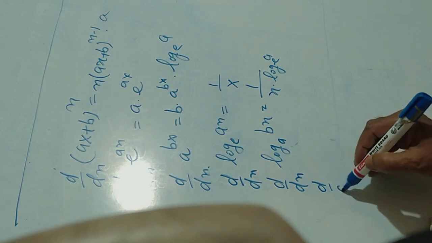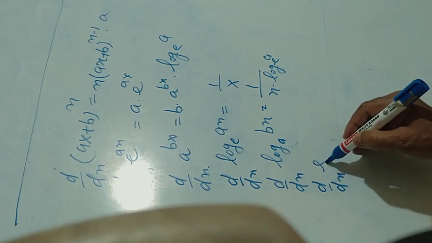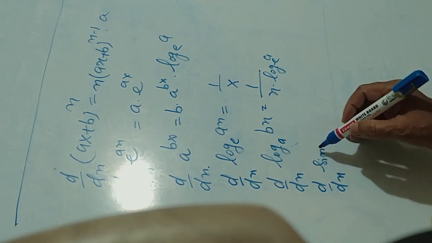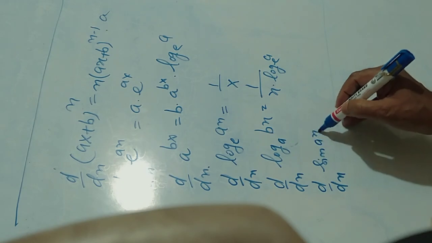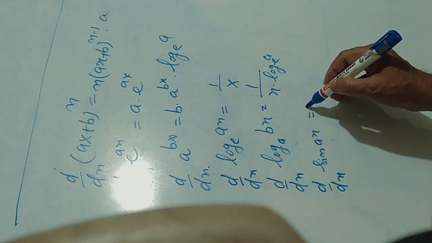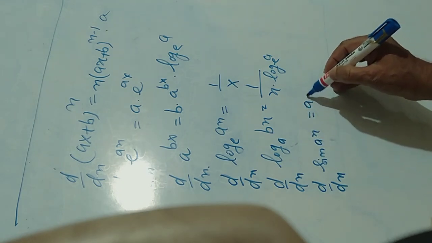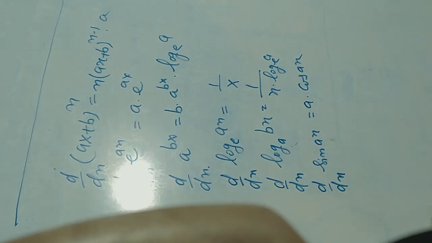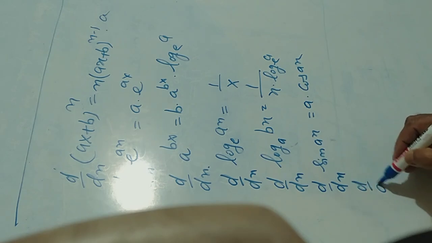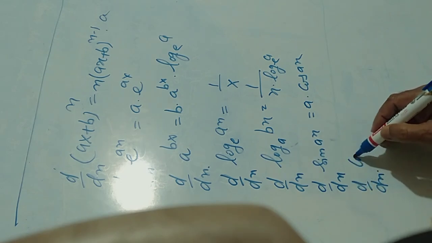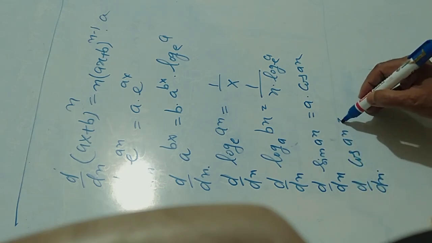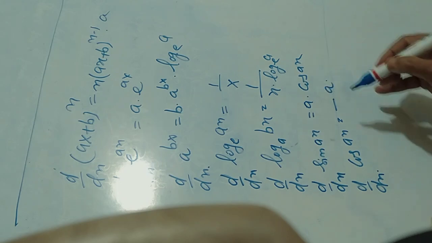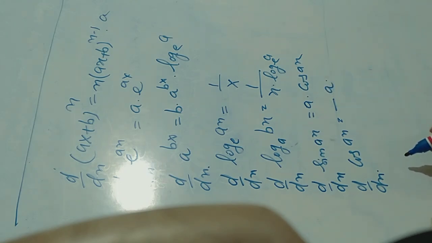d/dx of sin ax is equal to a into cos ax. d/dx of cos ax is equal to minus a into sin ax.